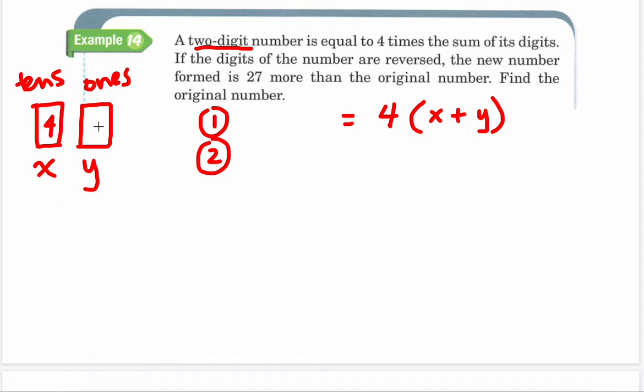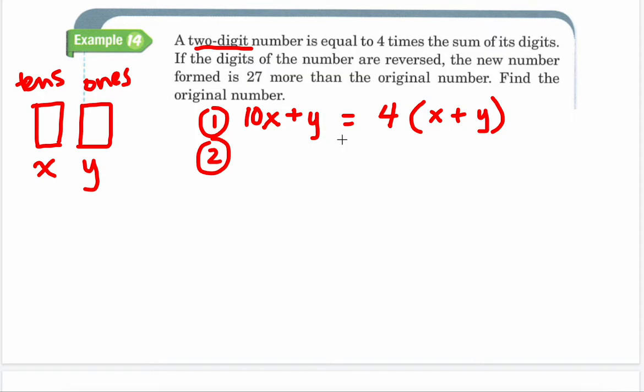It represents 40 because it's in the tens place. So I'm going to take my x value and multiply it by 10 so that I know at the end if I get 4, it's really a 40. And then it's being added to a ones digit. Ones digit is just itself, so I can add it to y. At the end, let's say it was 43, it would be 4 times 10, which is 40, plus that 3 to equal 43.